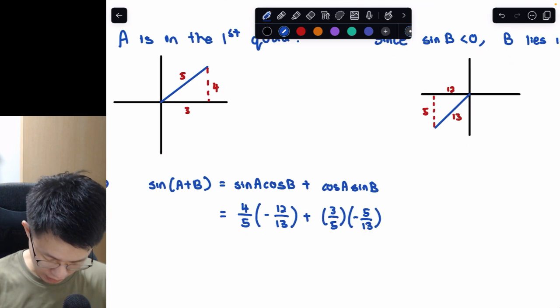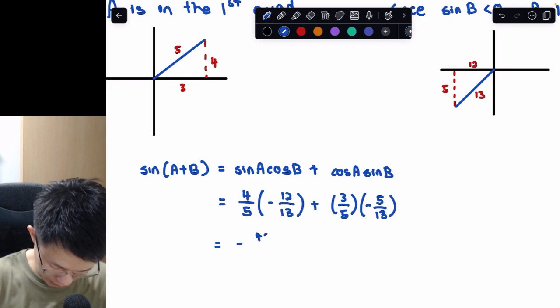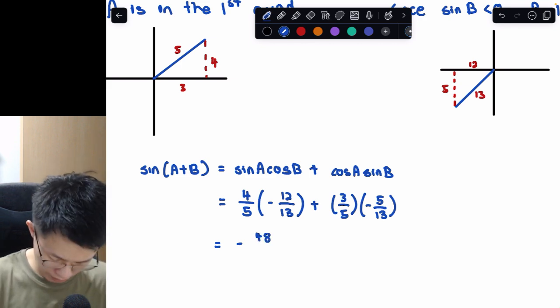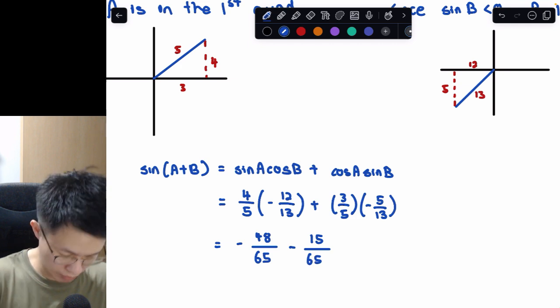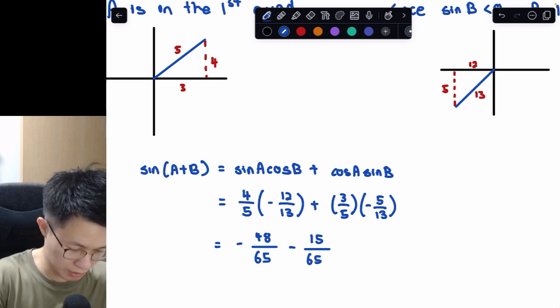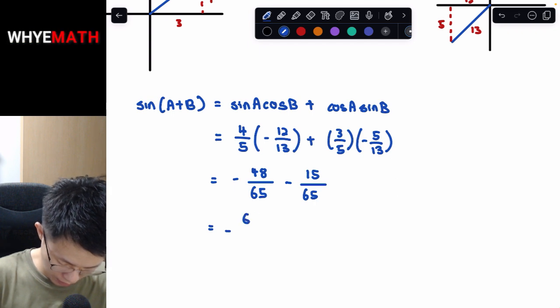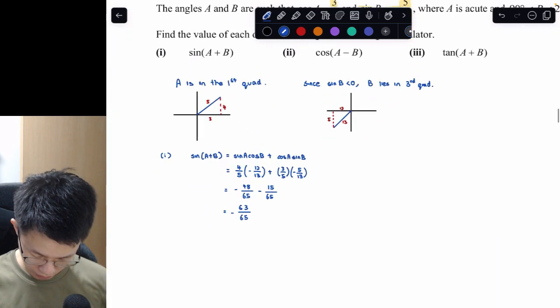Your answer might be a little bit ugly in some sense, but we're just going to leave it in fractions, not to worry. Fractions are good enough for us here. So in this case, this will be negative 63 over 65.